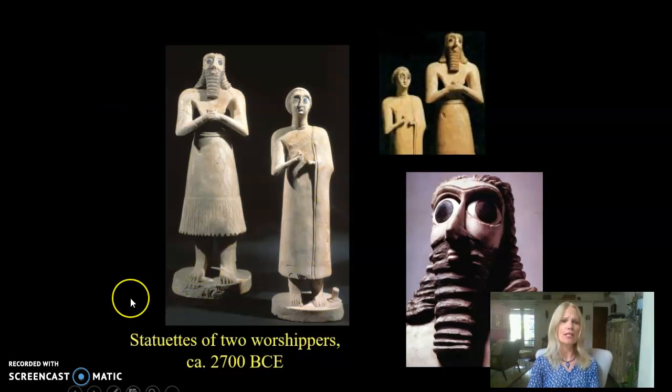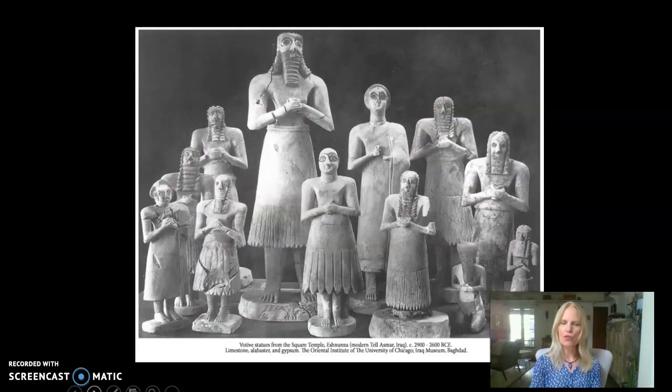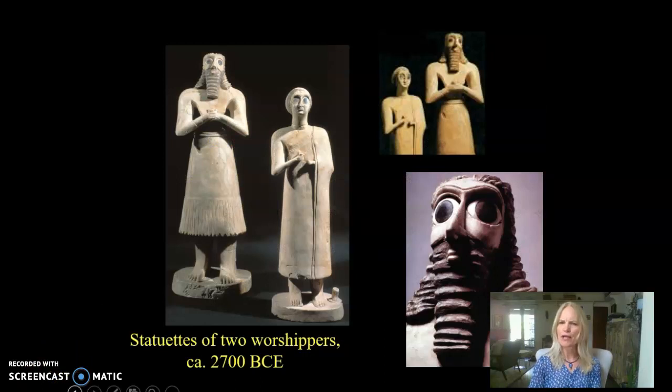All right, what you find here with Sumerian sculpture is that this type of sculpture appears more than once. So they're fairly generic. As you can see, there are many examples that look like the two that we're focusing on. And so why is that? Why are they kind of generic? Generic male, generic female.